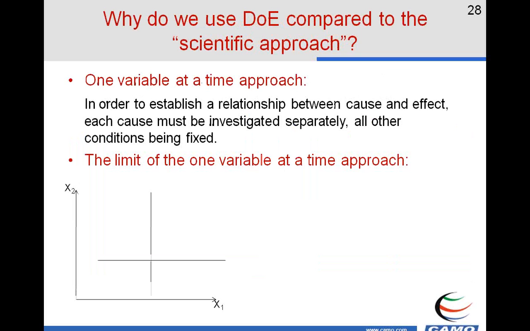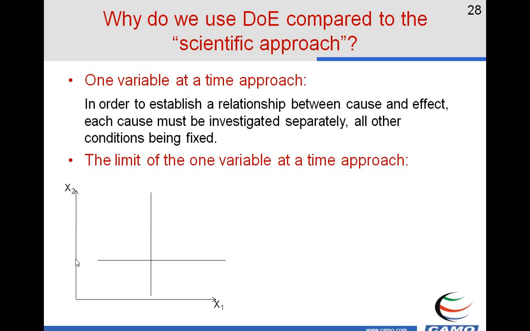So we use DOE because the one variable at a time approach, which was the scientific approach, is limited. The one variable at a time approach is when you have several variables and you want to see if one of the sources is having an effect, you will investigate each cause separately, and all your other conditions are fixed.